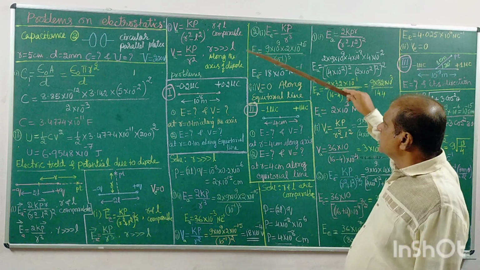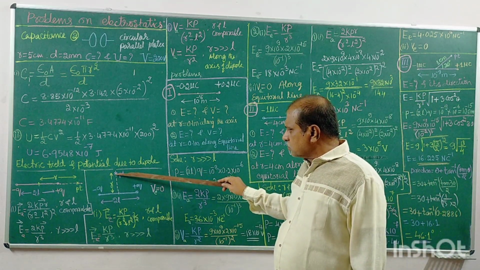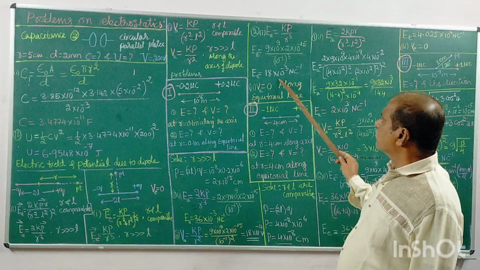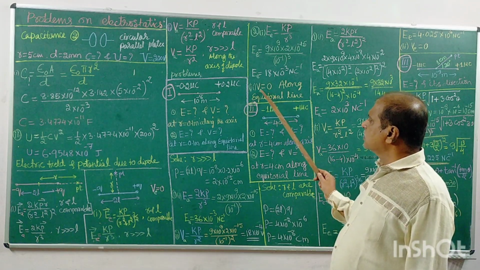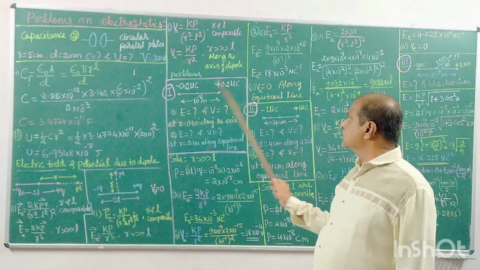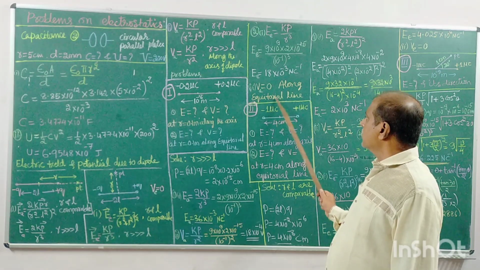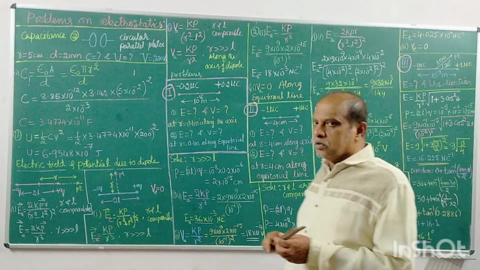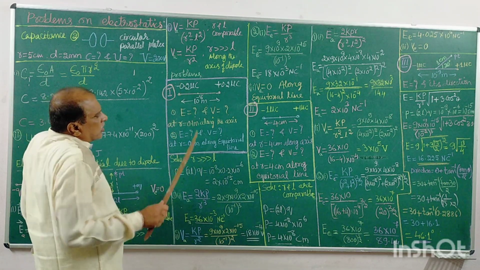That is the electric field at this point for this set of data. The potential at this point is 0. Take any point on this equatorial line, it is 0. Understood? That is common for all. So this problem is over.